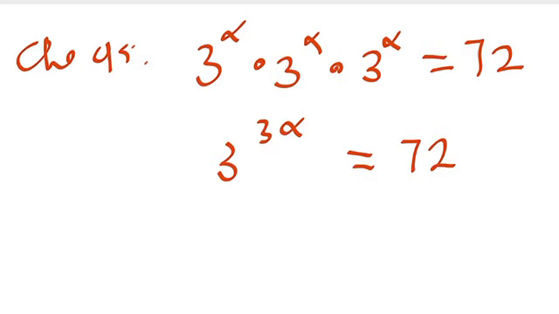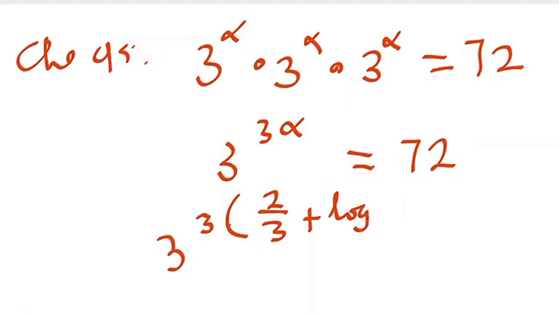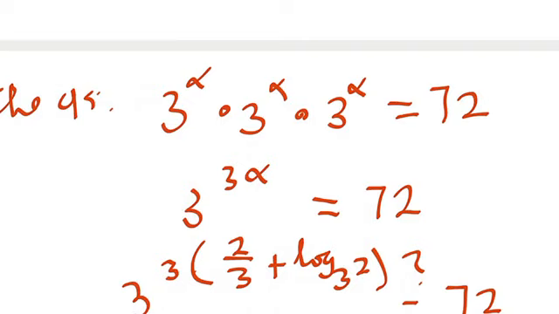So we're going to have 3 to the power of, what is our alpha? Alpha is 2 over 3 plus log base 3 of 2, then equals 72. So will this give us 72?